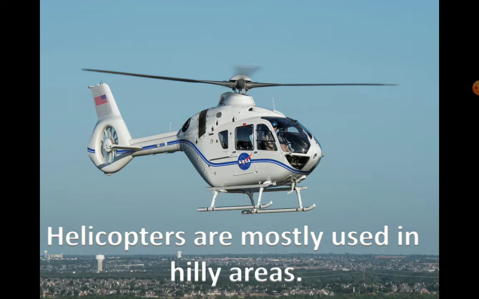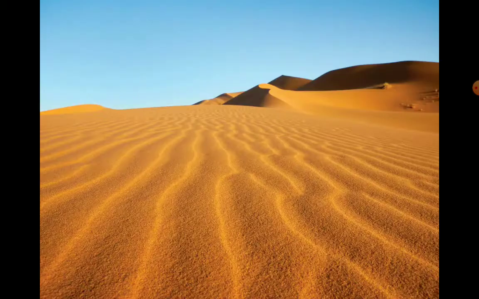Okay, so now tell me, what about hilly areas? Yes, in hilly areas, can you see this picture here first? What is this picture? This picture is about desert. So it is a desert area.